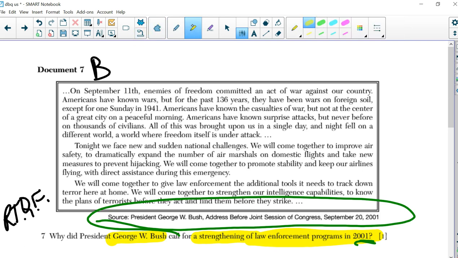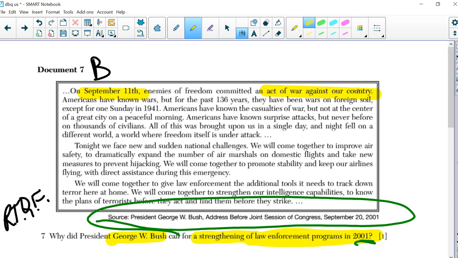Okay, on September 11th, enemies of freedom committed an act of war against our country. Americans have known wars, but for the past 136 years, they have been fought on foreign soil, except for one Sunday in 1941.